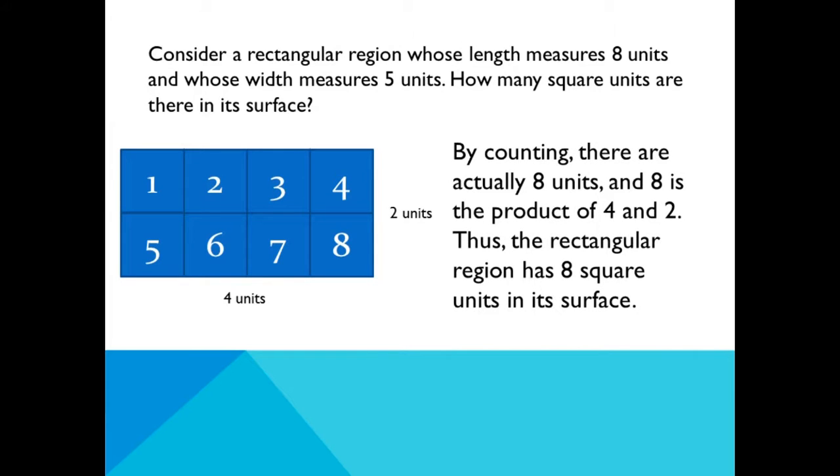By counting, there are actually 8 units, and 8 is a product of 4 and 2. Thus, the rectangular region has 8 square units in its surface.